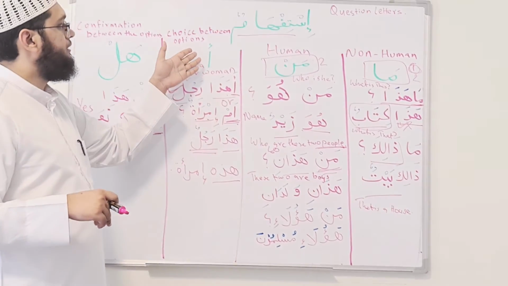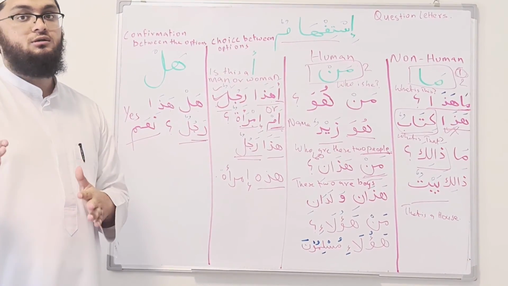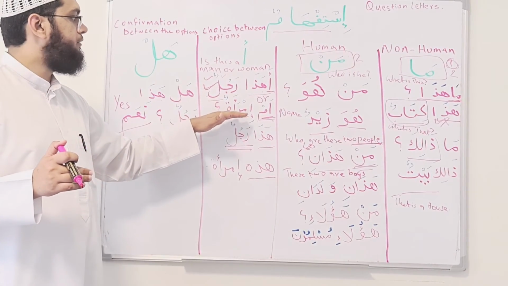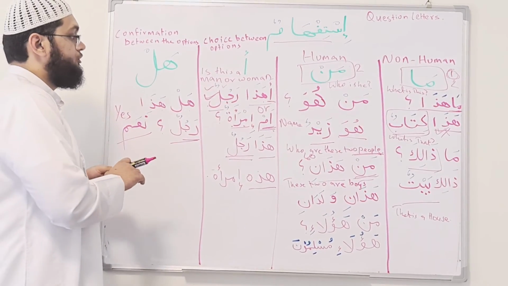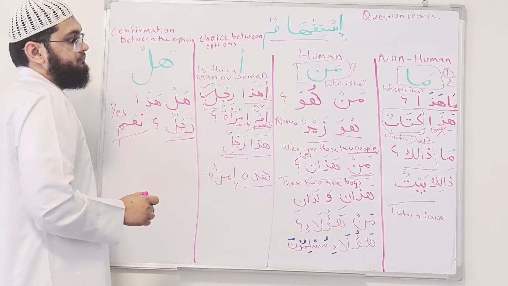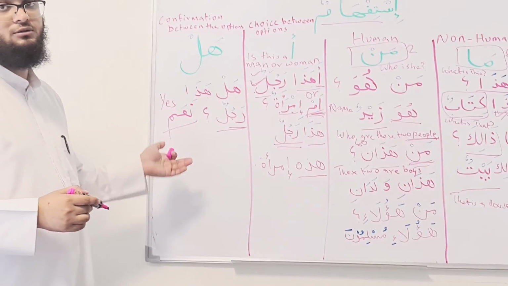And hamza is used when you need two choices that are opposite to each other, and you need a choice. For example, rajulun and imra'a, both are opposite to each other, and I wanted a choice. And it is also followed by am, so do not forget to look for am. And hal is used for confirmation.